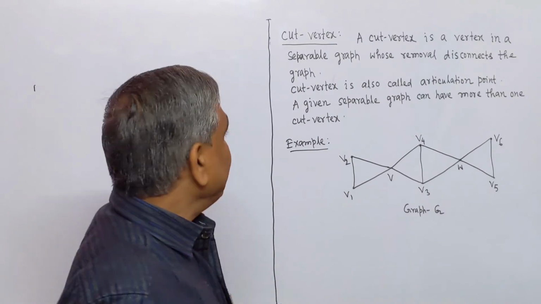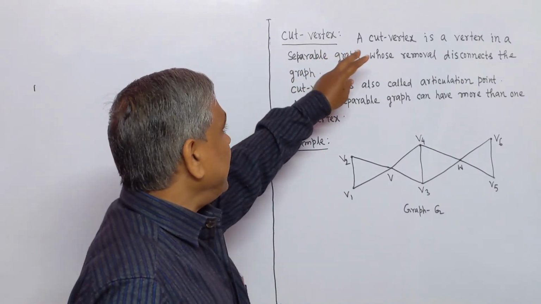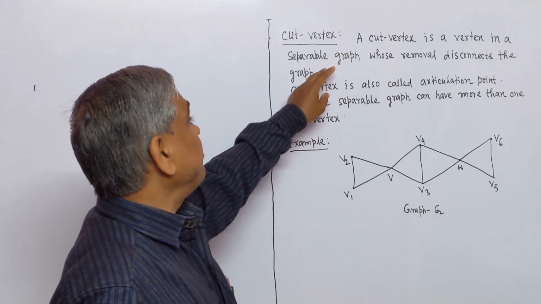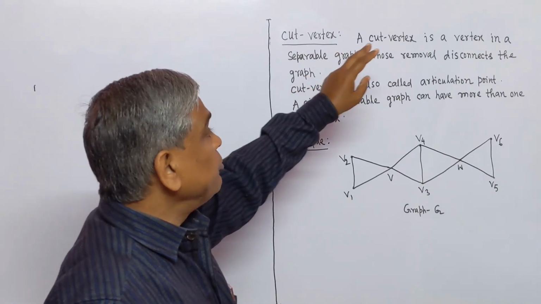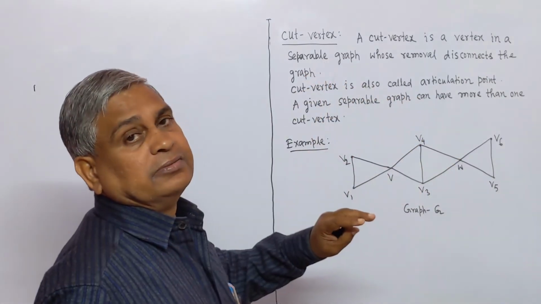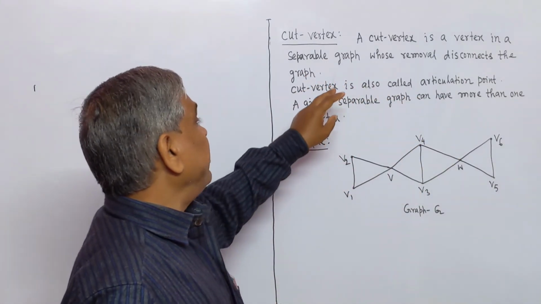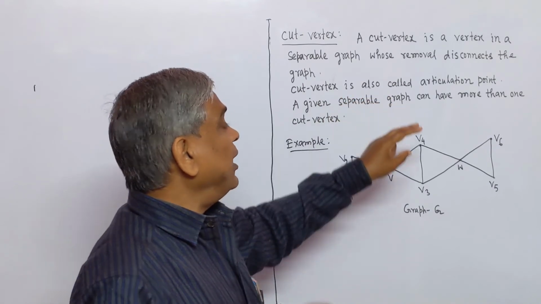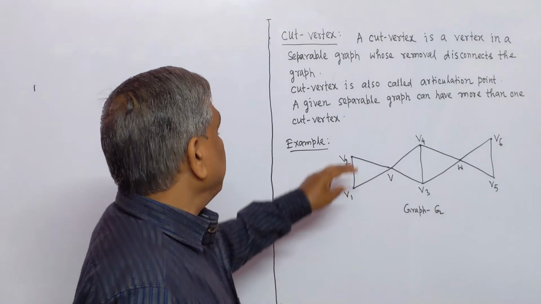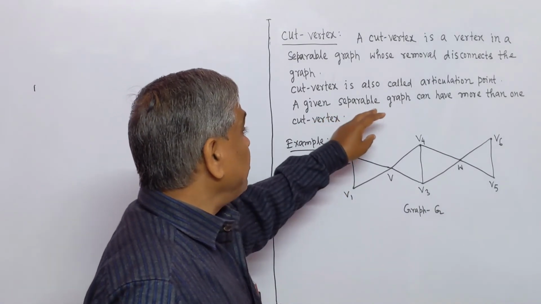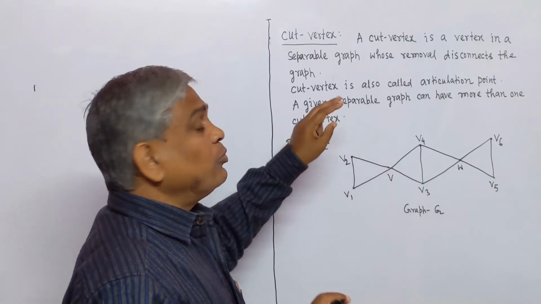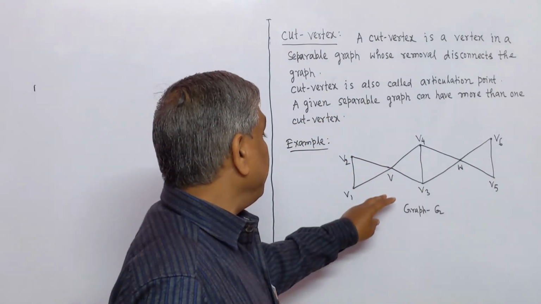Now we define cut-vertex. A cut-vertex is a vertex in a separable graph whose removal disconnects the graph. Cut-vertex is also called articulation point. A given separable graph can have more than one cut-vertex. Here we have an example.